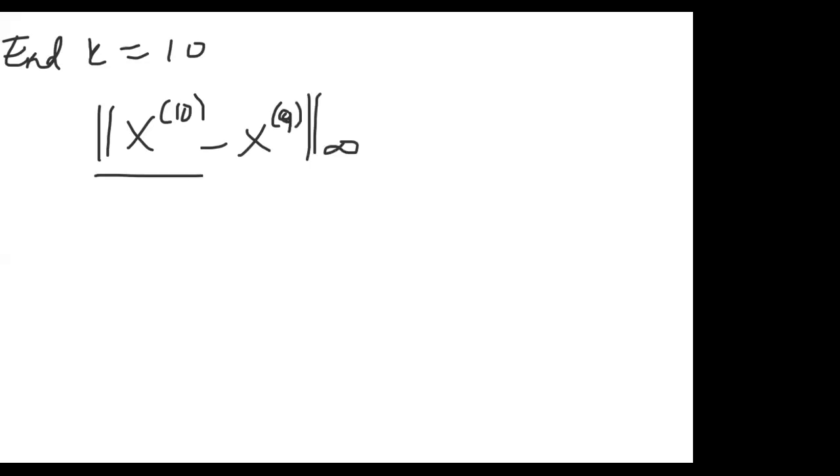You end here, and you'll be able to see that x10 minus capital X9 over this will be less than 10 to the power negative 3. So you need to end at the 10th iteration.